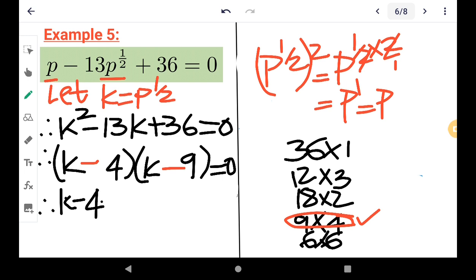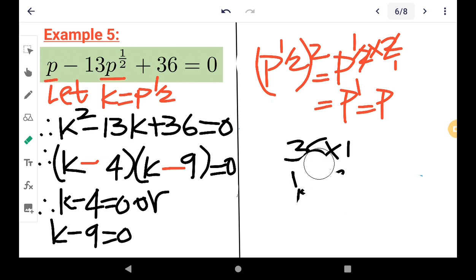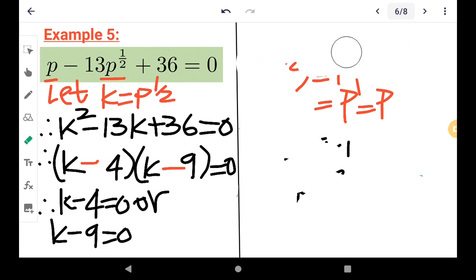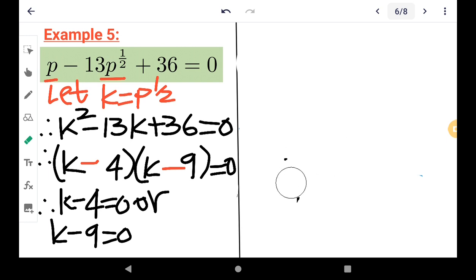k minus 4 equals 0, or k minus 9 equals 0. Let's clean this there. Therefore, k equals 4 or k equals 9.